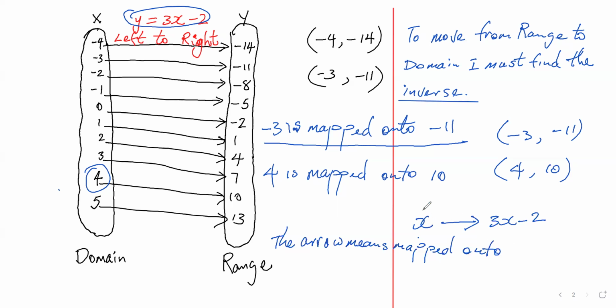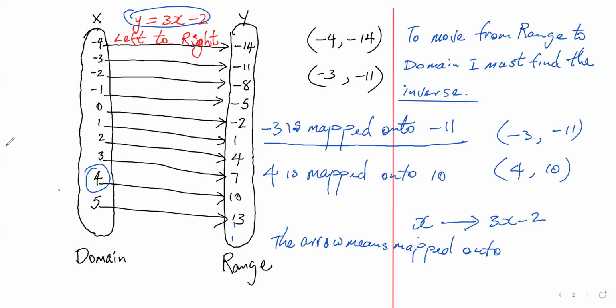All right, so x, which are these values, this would represent my domain. The set of x numbers are the domain, and the set of y numbers, this represents my range.